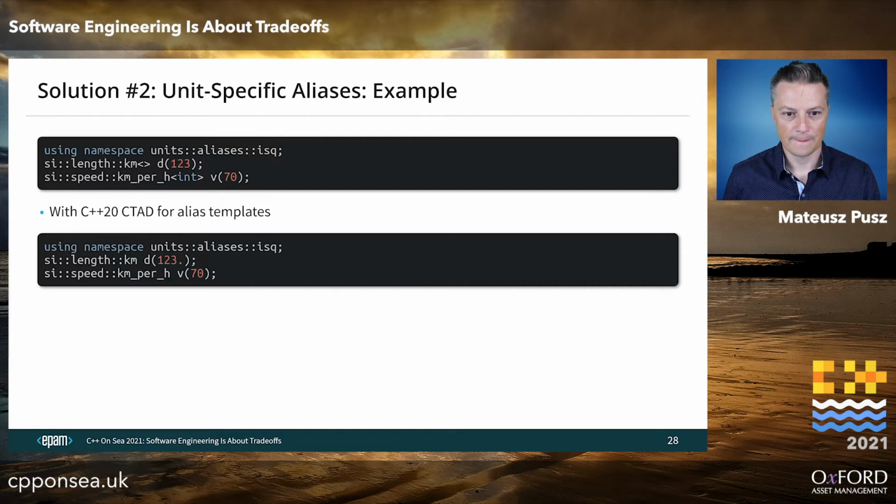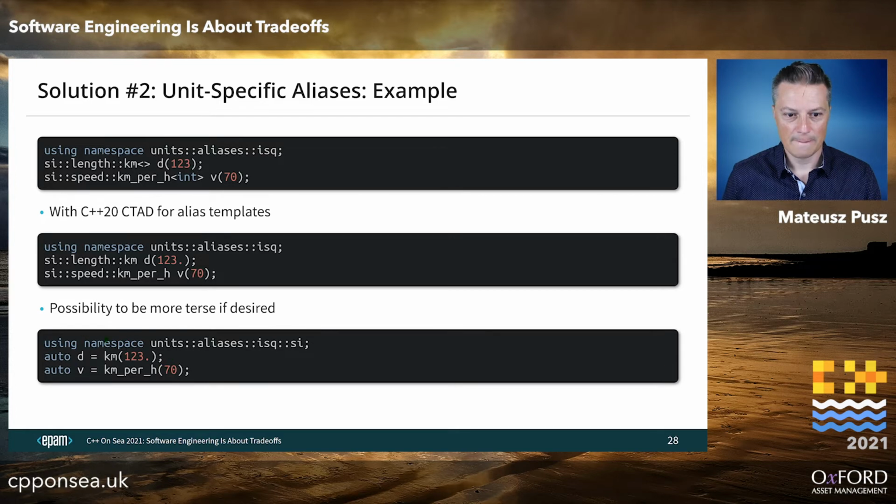As I said already. Or even, as this was an inline namespace, you can actually provide a using declaration that's a bit longer, and then just use the shorthand version of those units.